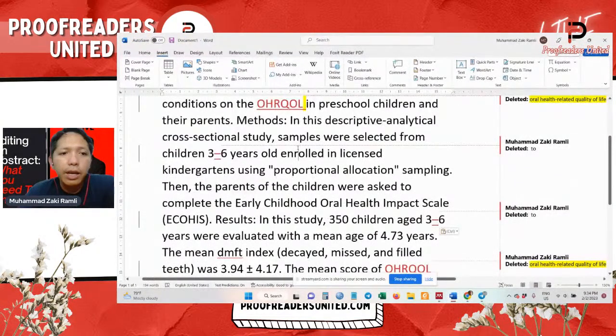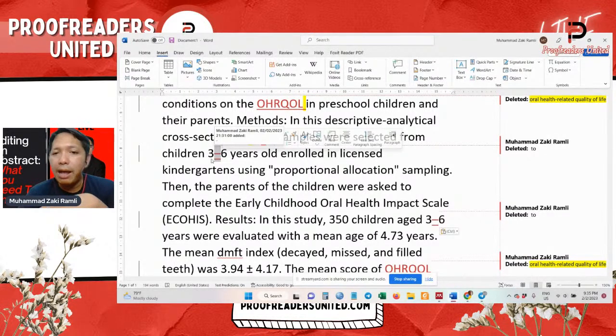Okay, so that's why just now I changed from the word "to" to this en dash, to save the number of words in the abstract, so that you can use the remaining words for other important points to be highlighted to attract your reviewers' attention to accept your article to be published in the journal.